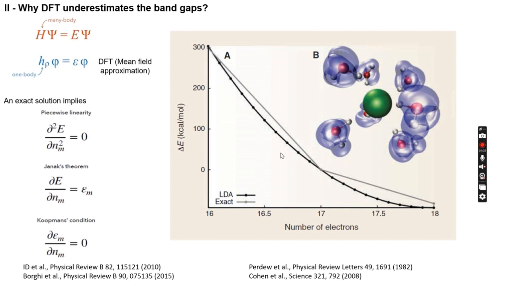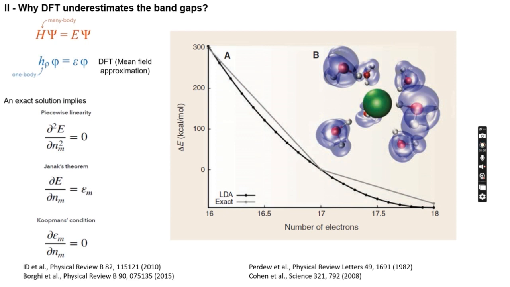Now let's take a look at the DFT or the LDA solution presented by this black curve here, and you would notice that you are getting a convex hull in your energy. This convex hull behavior is basically because of the self-interaction errors, and this has a lot of consequences.